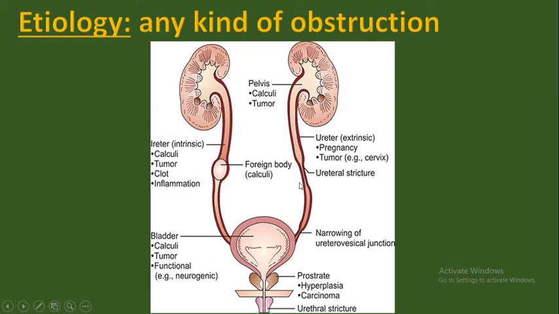Also, in late pregnancy, the embryo will develop and its head will compress and obstruct the ureter, and there will be hydronephrosis. Urine will not be able to flow downside.